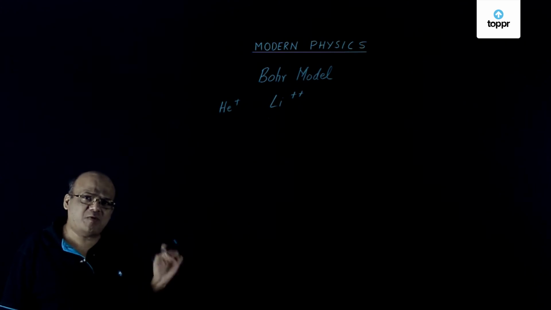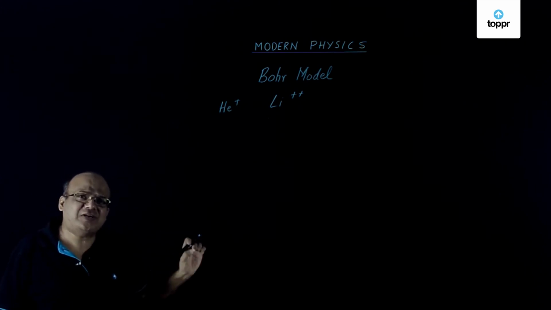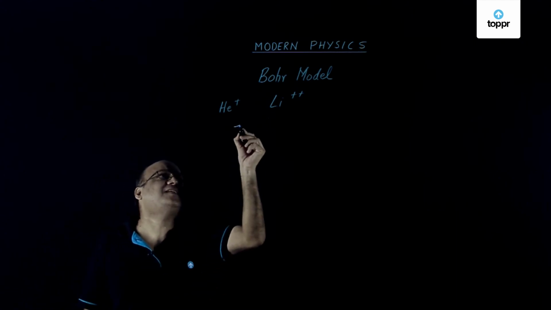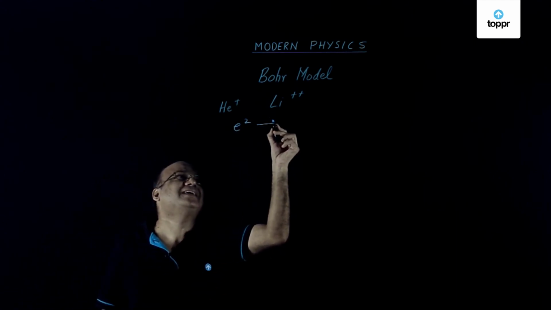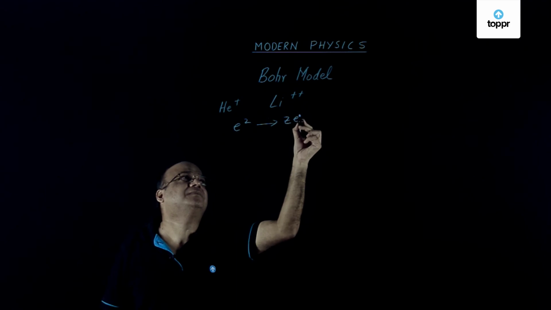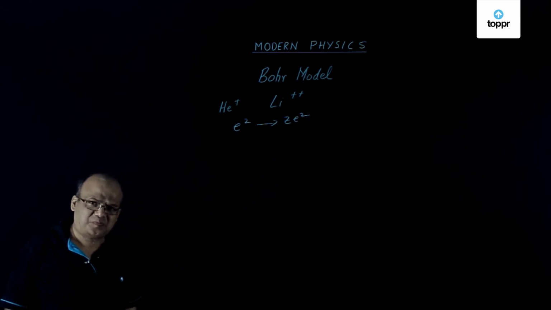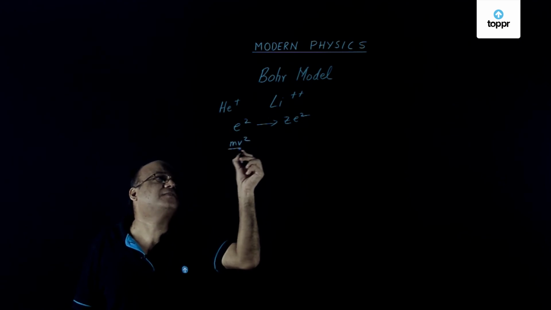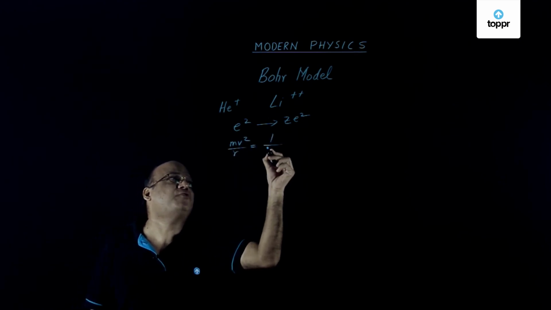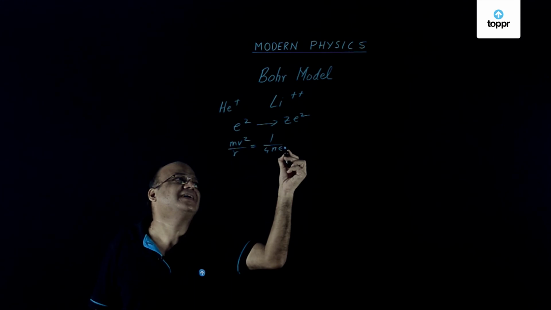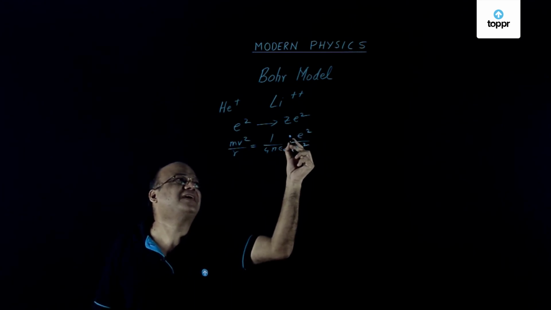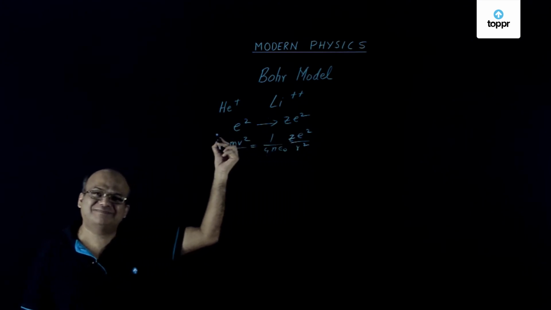Now when you apply the Bohr model to hydrogen-like atoms, in every equation replace e square by Z e square. That's all. For example, in the equation mv square by r equal to 1 by 4 pi epsilon naught e square by r square, just replace e square by Z e square.